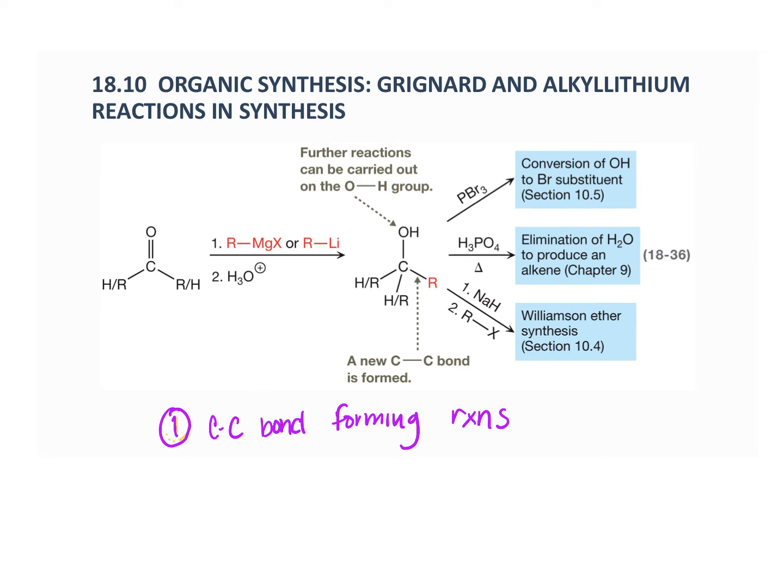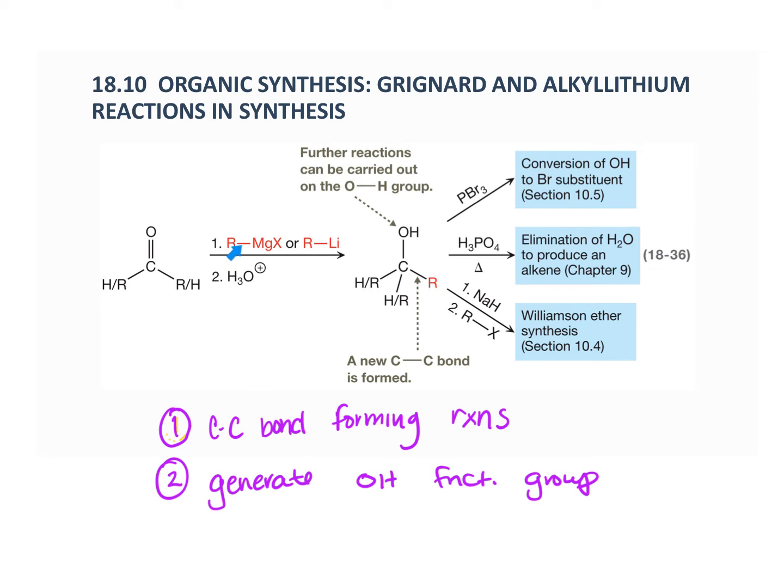Second, an OH group is generated at one of the carbon atoms joined by the new bond. So we can use the characteristic reactivity of the OH group to carry out further changes at that carbon. So two is they generate an OH functional group, okay? So I want you to notice this, right?